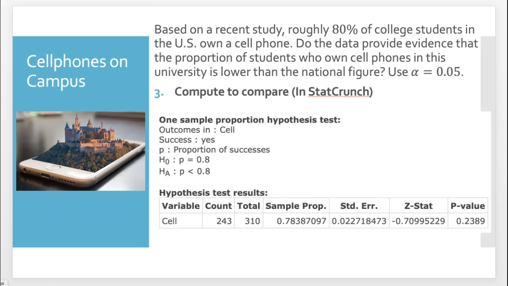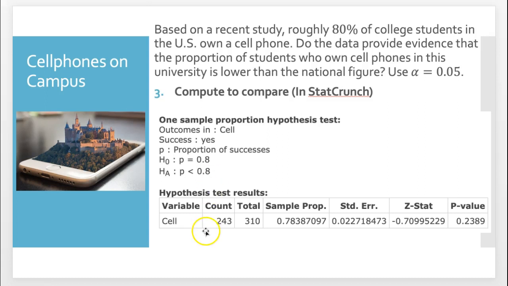So what I do here is I go into StatCrunch, and for all the responses from the students, I have it count the number of yeses out of the total number of responses. In StatCrunch, I'm able to give it the null and alternative hypotheses, and it will conduct the test for me.